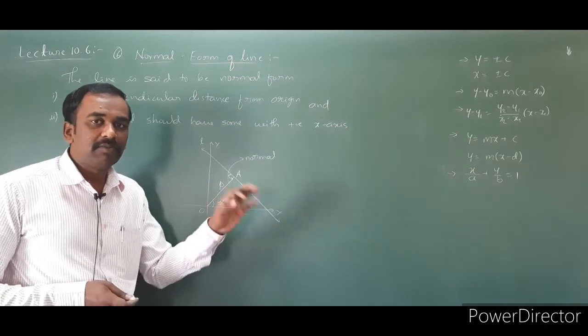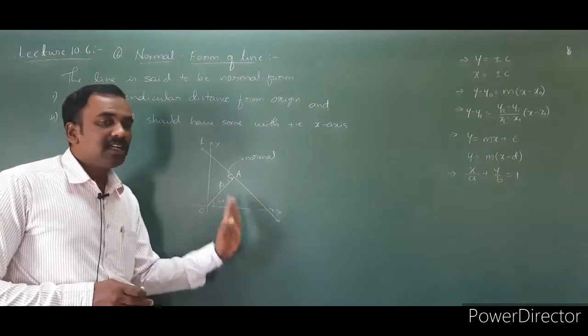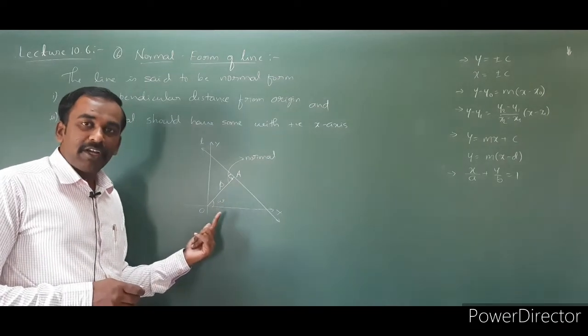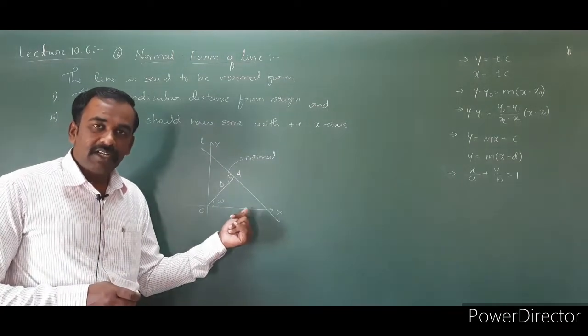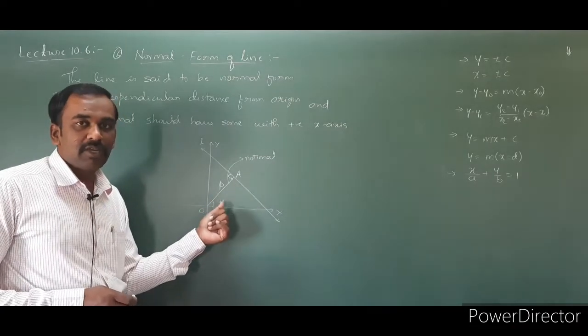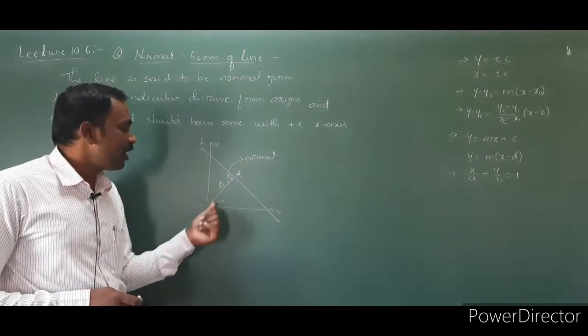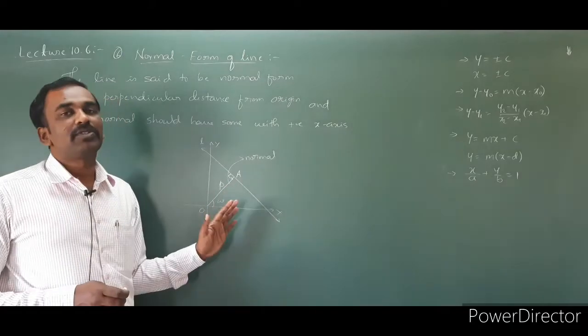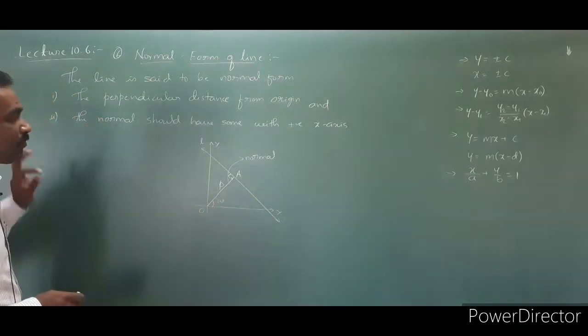What is the normal form of the line? Suppose one line is there. For this line, the perpendicular distance from the origin is given. Apart from that, this distance is said to be the normal. That normal makes an angle omega with the positive direction of the x axis.